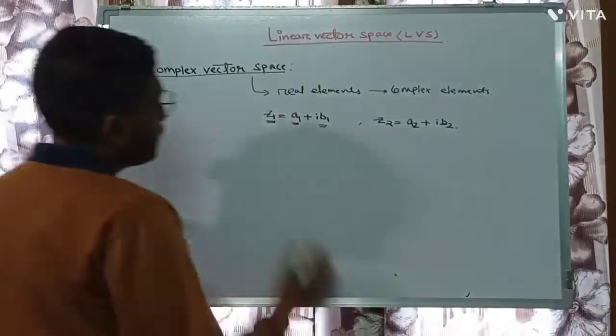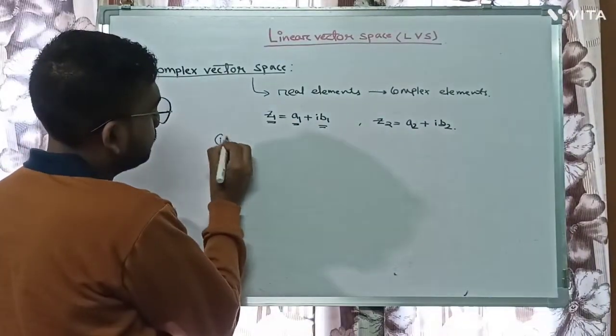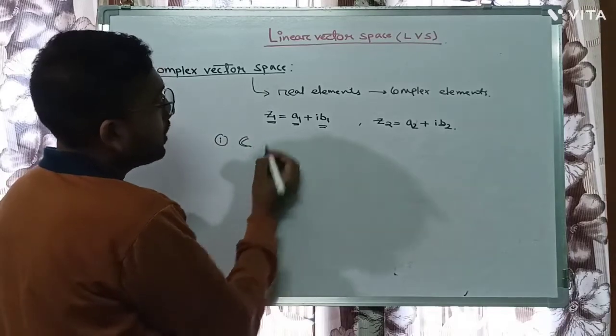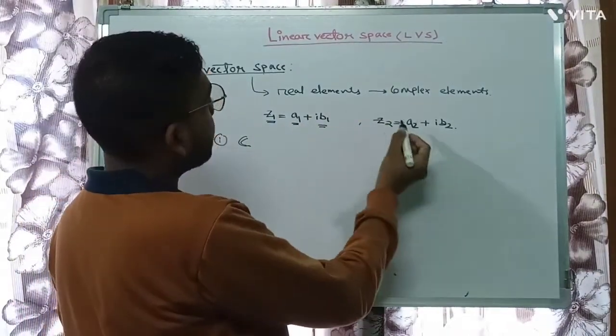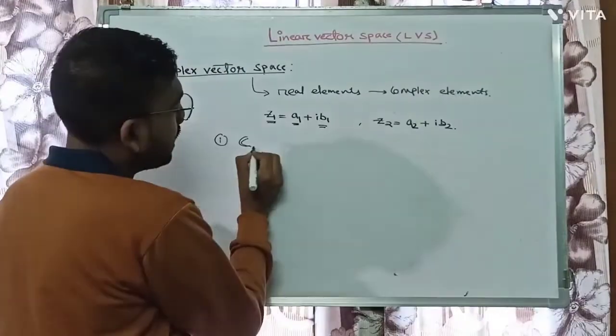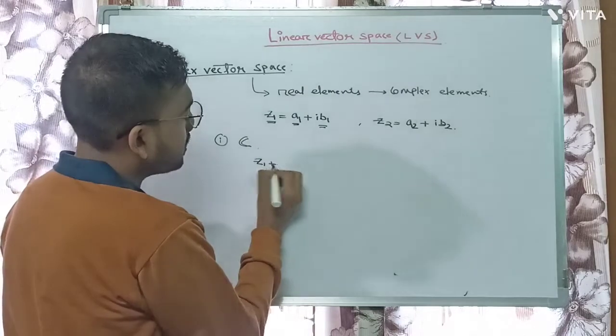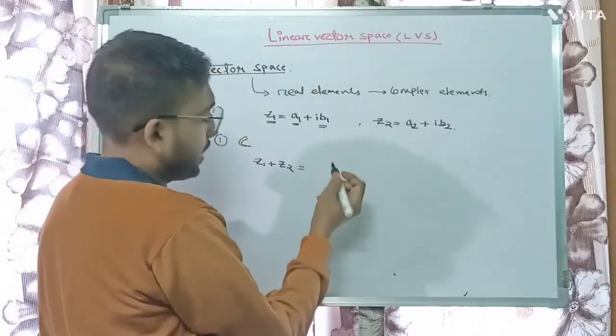So if I consider an example, the example of the complex set C, these numbers must satisfy all the properties which are satisfied by the linear vector space already mentioned. So let me check if Z1 plus Z2 results in an element which is also complex.